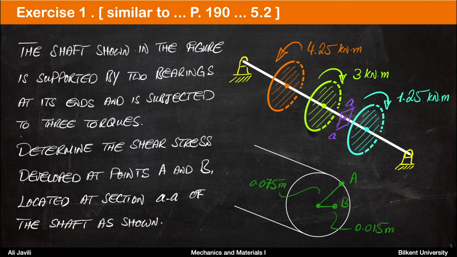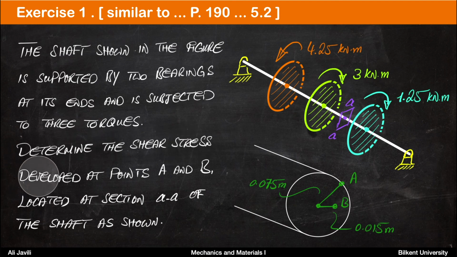The exercise that we are looking at in this lecture is similar to problem 5.2 on page 190 of the book. The shaft shown in the figure is supported by two bearings at its ends and is subjected to 3 torques. So you have the shaft here, there are these 2 bearings, and you have 3 gears on which you apply the external torques.